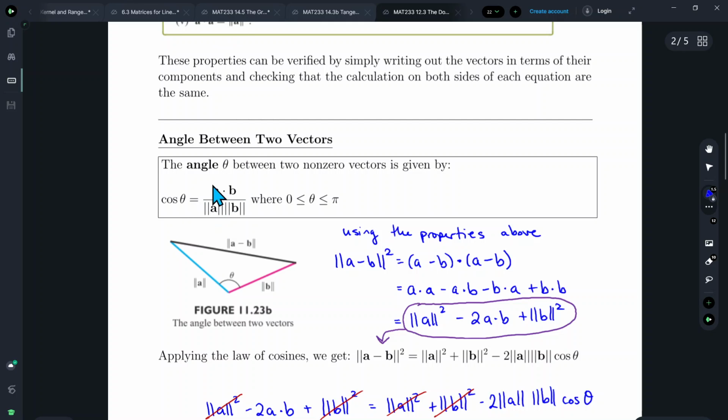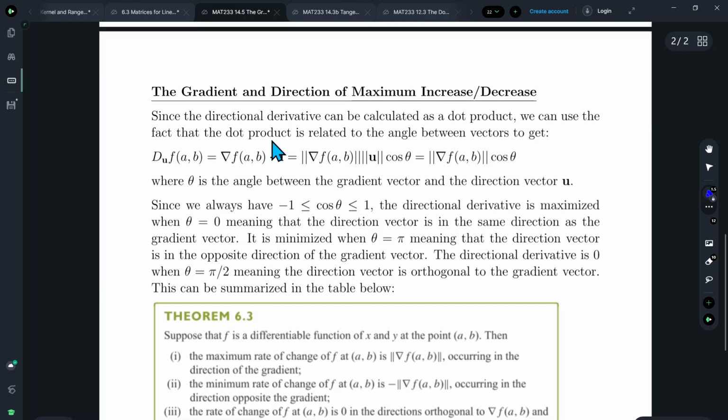Applying this formula to the dot product for the directional derivative, you get the magnitude of the gradient times the magnitude of the unit vector times cosine theta, where theta is the angle between the gradient vector and the direction vector. And since we've taken the direction vector to be a unit vector, its magnitude is equal to 1, so we get exactly this expression here.